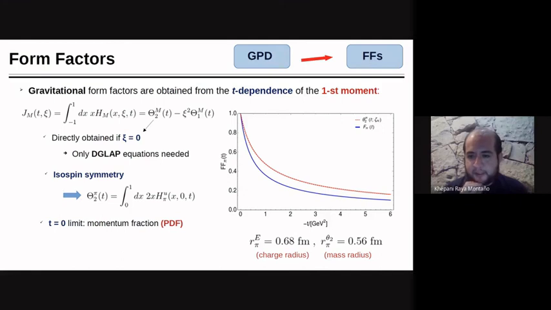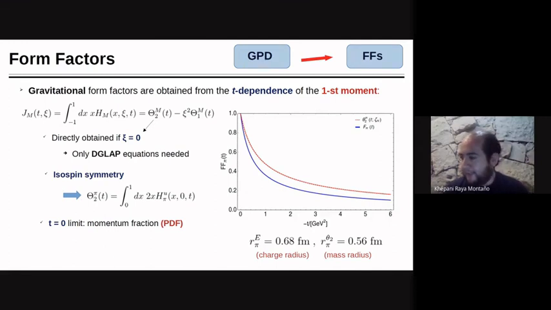And from this process, you can also get the generalized distribution amplitude, which is of course connected with the GPD, and you can actually get access to this kind of thing.